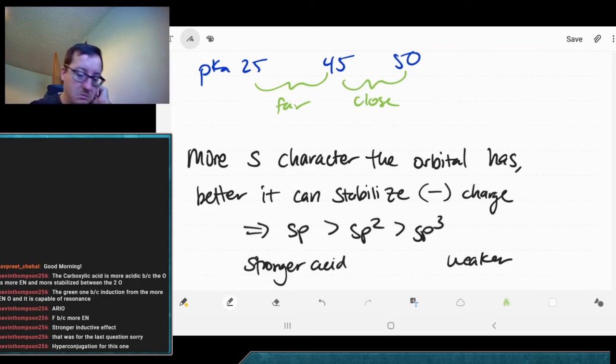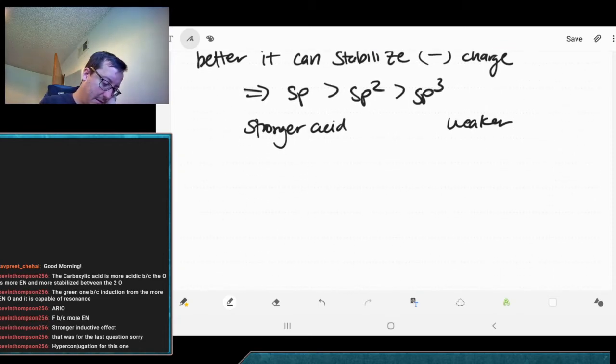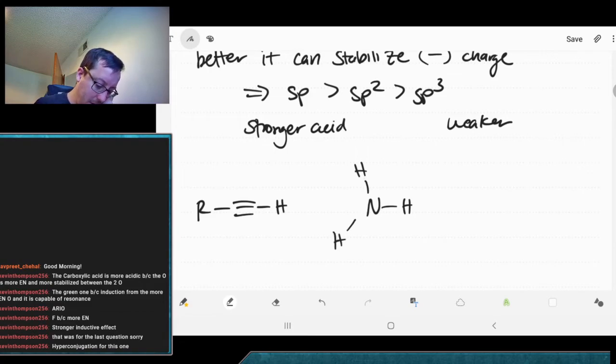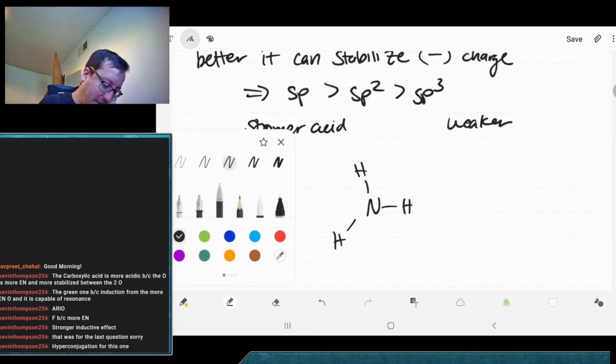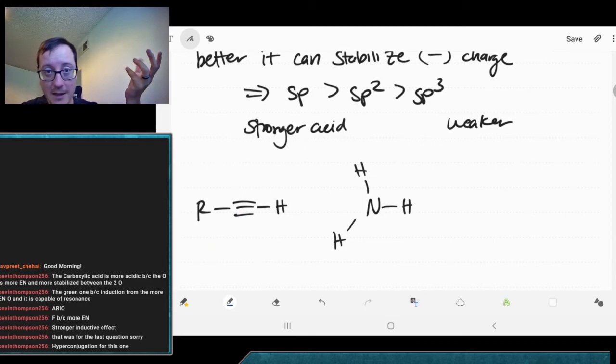And in fact, if we take a look at these two, for example, we'll see that this is actually a pretty strong effect. Although typically, again, we're going to look in the order of cations, then we're going to look at atoms, then resonance, then induction, and then orbitals. You might be tempted to say, okay, well, look, nitrogen's better to hold a negative charge than the carbon is, and you're correct.